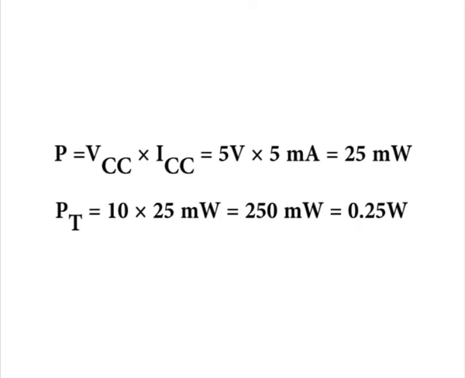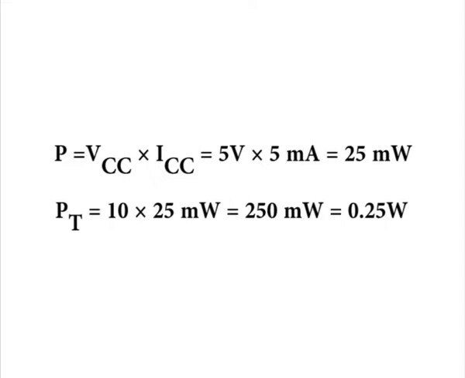As an example, let us assume that you have a digital system that requires a total of 10 flip-flops and each flip-flop dissipates 25 milliwatts of power. The total power requirement is 10 times 25 milliwatts and is equal to 0.25 watt. This tells you the output capacity required of the DC supply.